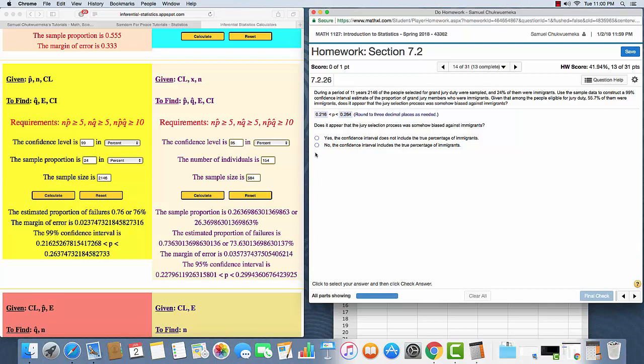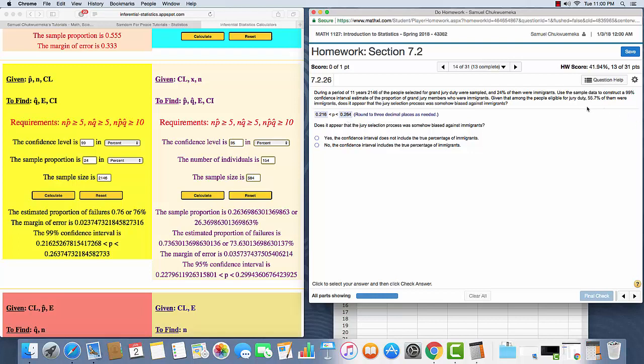Does it appear that the jury selection process was somehow biased against immigrants? You look at this here, you only have between 21.6% and 26.4% were the immigrants selected for grand jury.